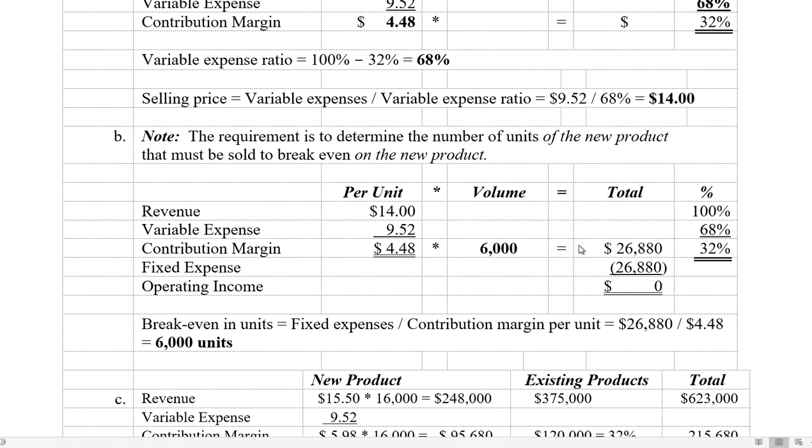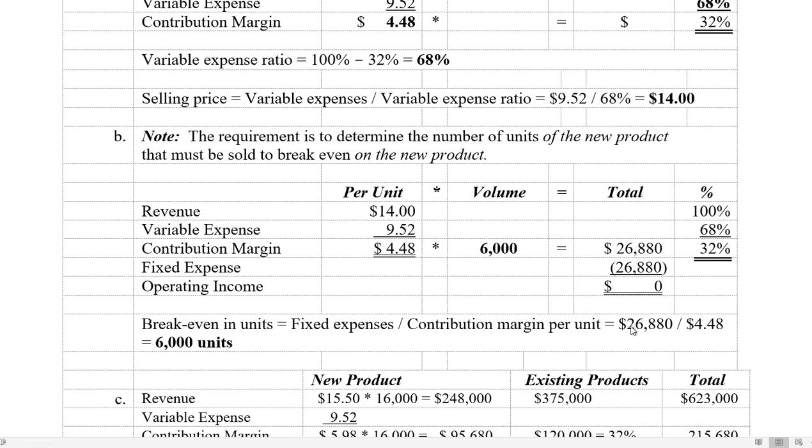Now they're just asking, how many units do we have to sell of this new product in order to cover our fixed cost? Well, our new fixed cost is 26,880 because it gives us this information. And so with 32%, and we've got 26,880, how do we find out what our break even in units is?